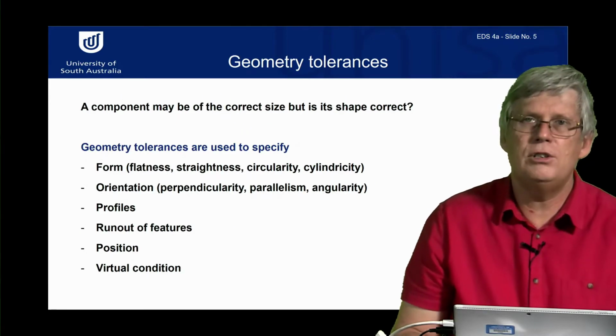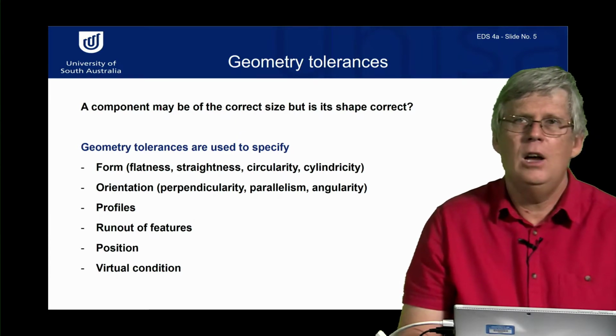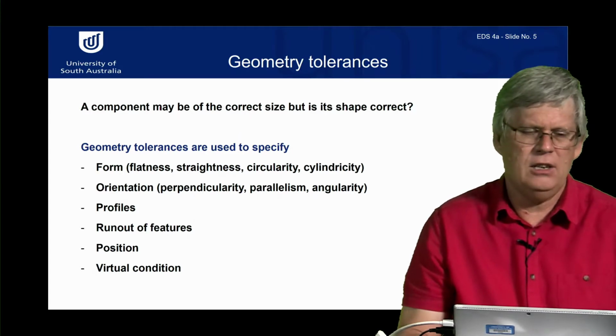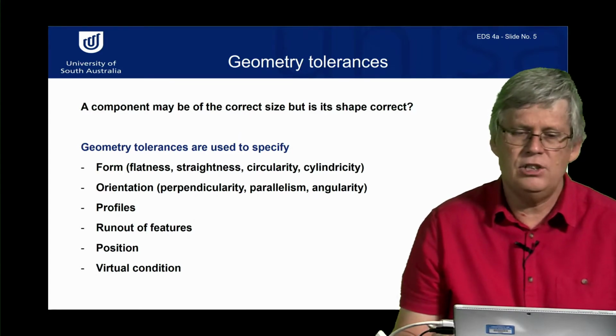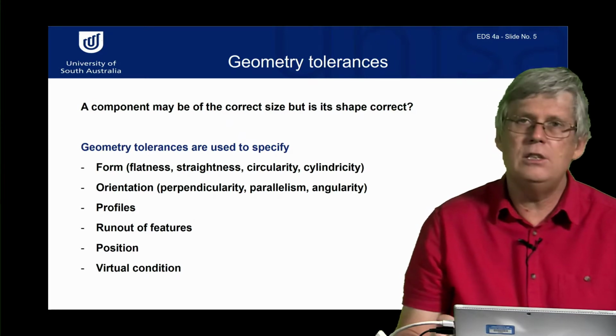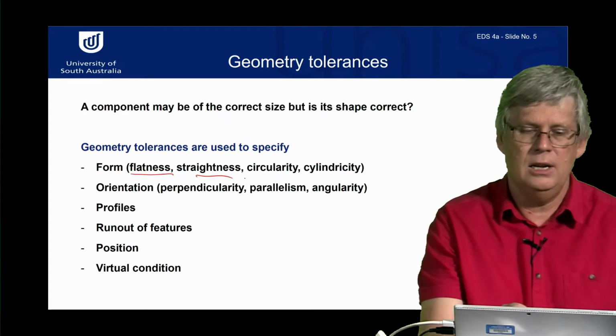So, geometry tolerances. What is it? Why do we need to know about it? Well, it might be the correct size, but is its actual shape and functionality really correct? We use geometry tolerances for things like flatness, straightness, circularity, cylindricity.